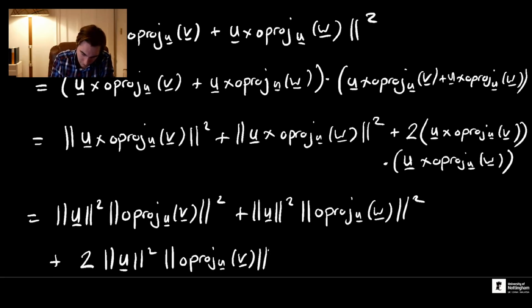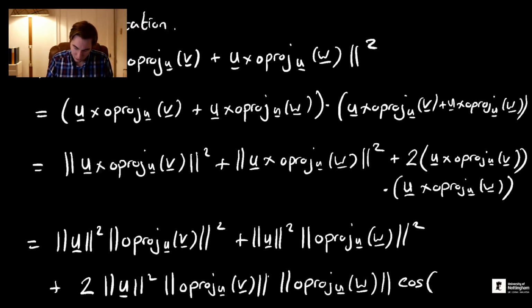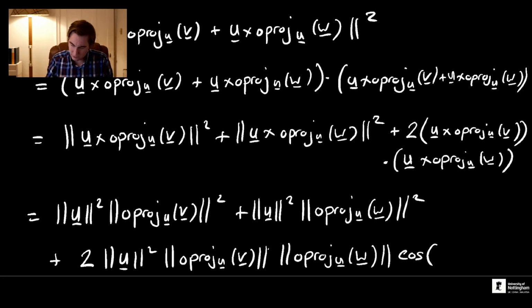Get rid of that squared there. Times the norm of the orthogonal projection of w onto u times the cosine of the angle between these vectors. And we can figure out what the cosine of the angle between these two vectors is now.